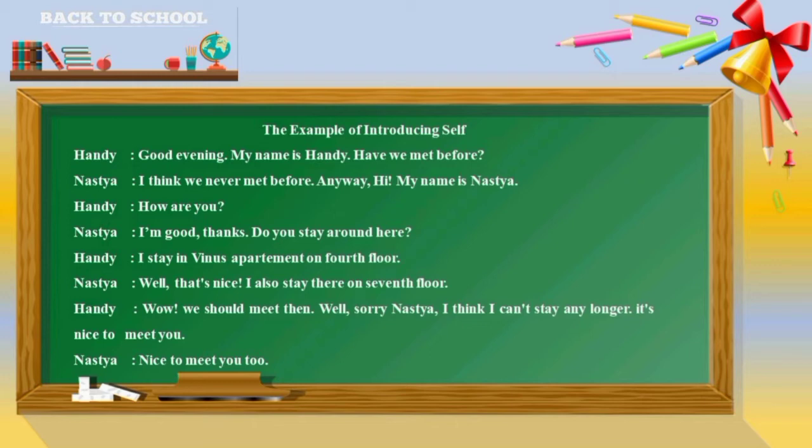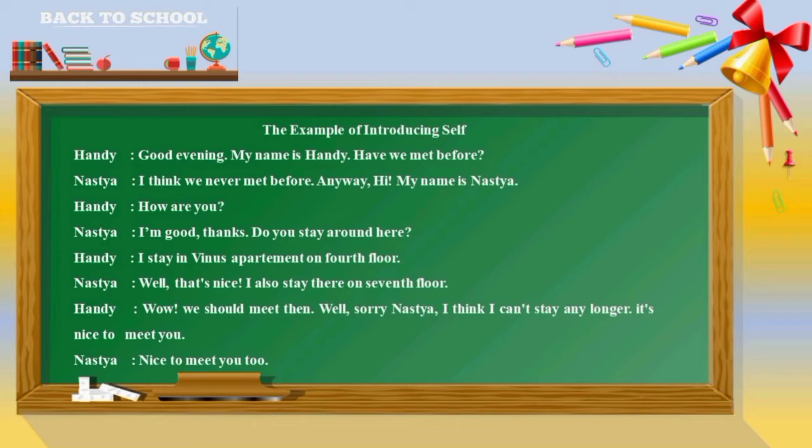Handi: Good evening. My name is Handi. Have we met before? Nastya: I think we never met before. Anyway, hi, my name is Nastya. How are you? Handi: I'm good, thanks. Do you stay around here?